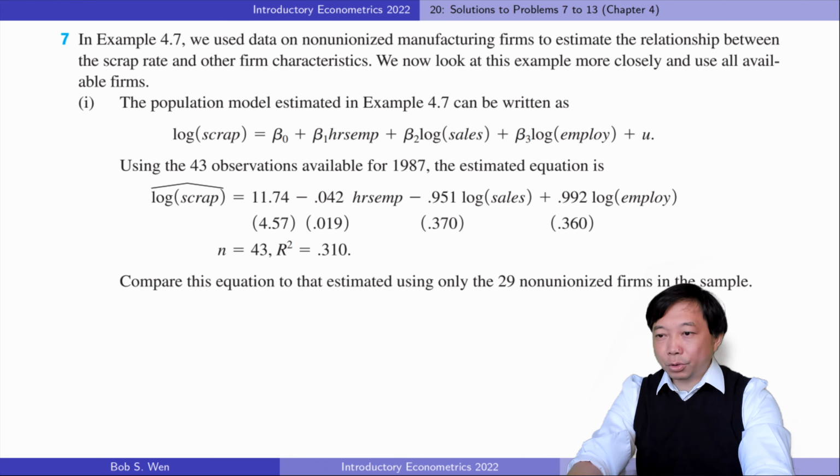The first question is to compare the estimates using the entire sample of 43 firms to the estimates from a subsample of 29 non-unionized firms.